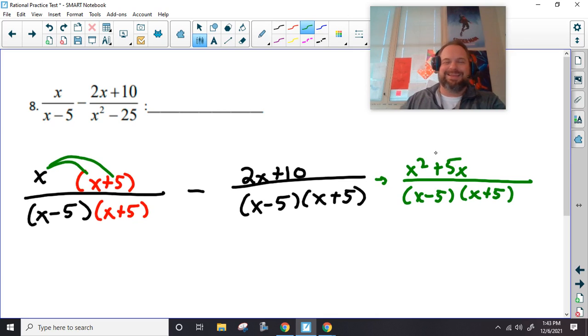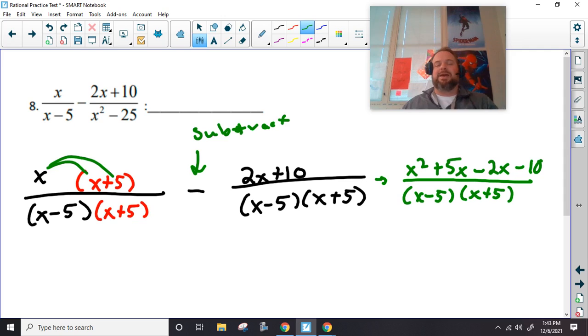Yeah. Minus 2x and then minus 10. And the reason why it's minus 2x and minus 10 is because this is a subtraction sign. Now, you could combine this and make it look like this just to have to factor it back out.